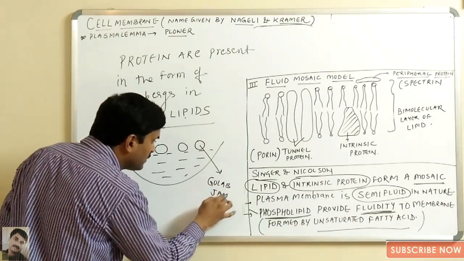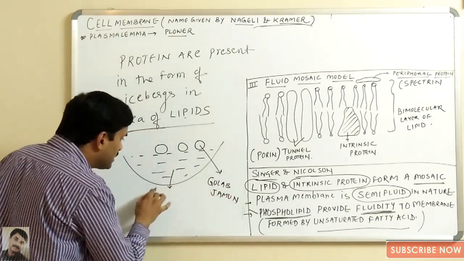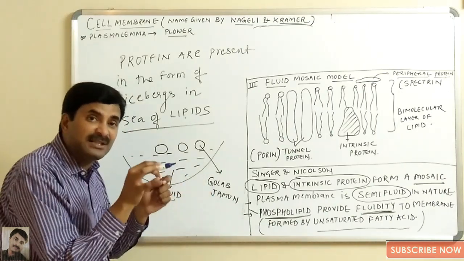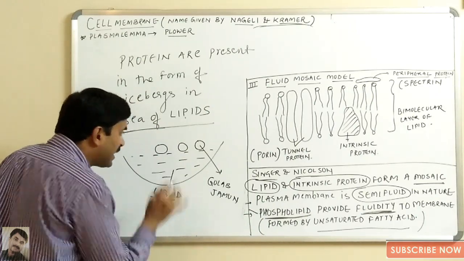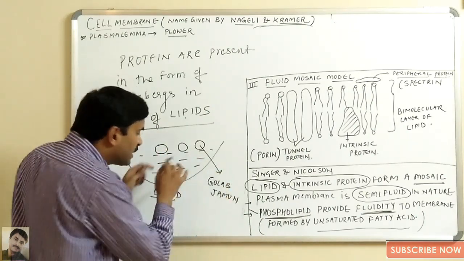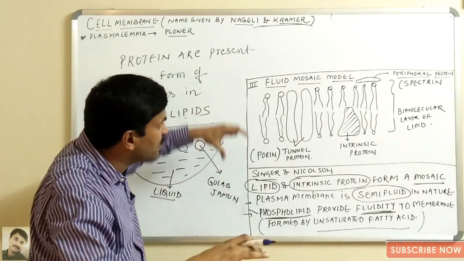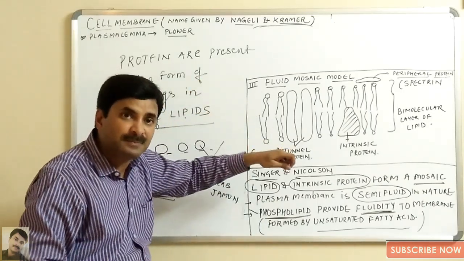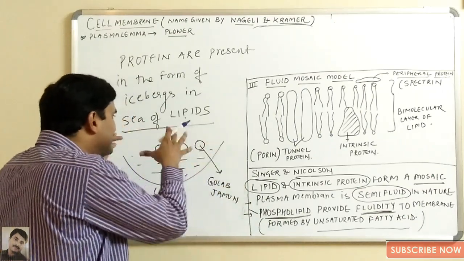These are the gulab jamuns, and this is the liquid. As you know very well, gulab jamuns are dipped in a liquid, right? So what is the arrangement? The arrangement of the phospholipids and the proteins in the cell membrane is exactly like this.